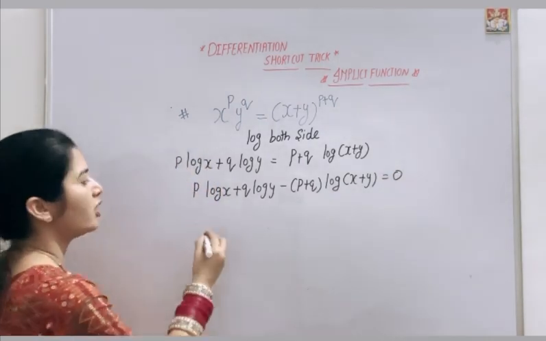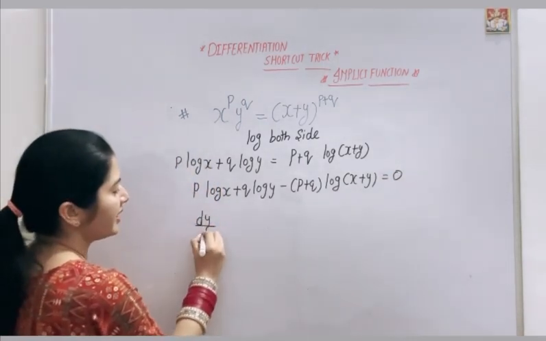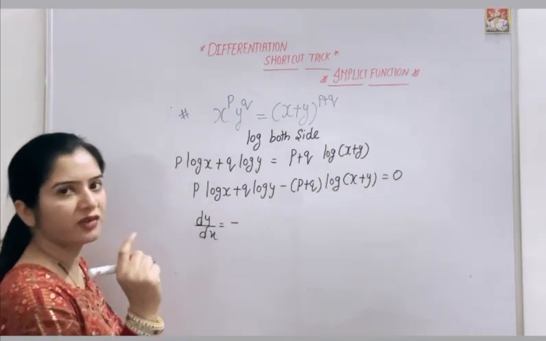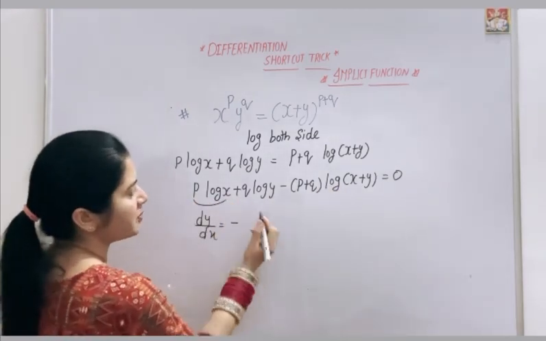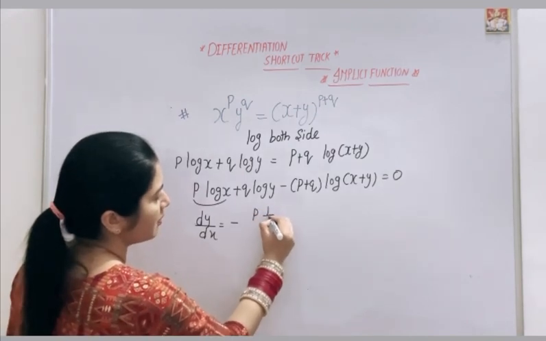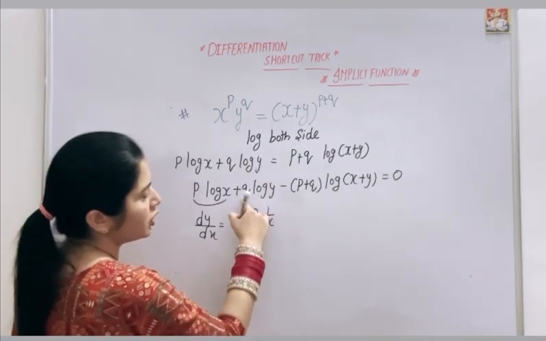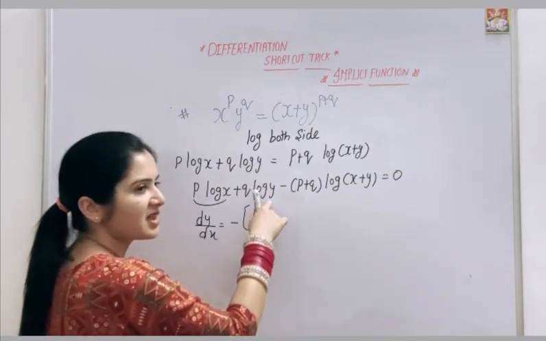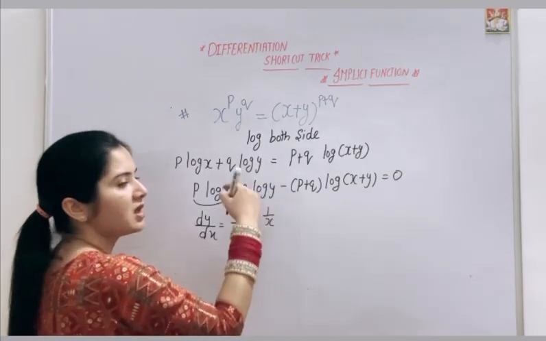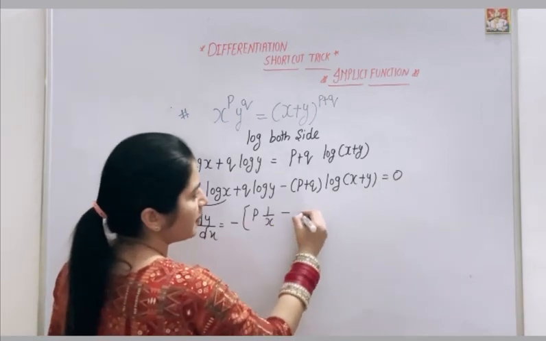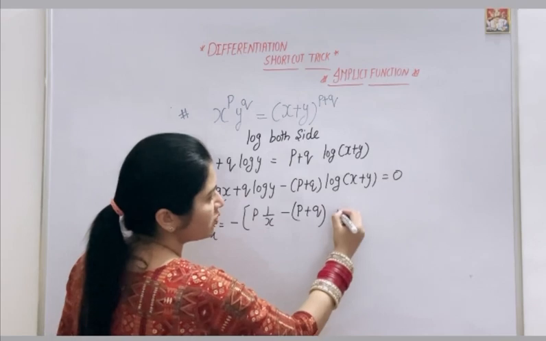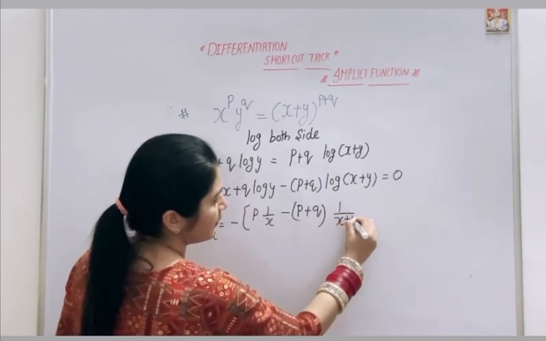Step number 2, use that formula. dy by dx is minus the derivative of the function with respect to x. P is constant, 1 by x. Q is constant, log y. y is taken as constant, so it will become 0. P plus Q as constant. The derivative of this will be 1 upon x plus y.